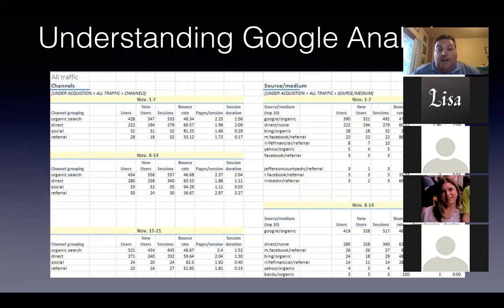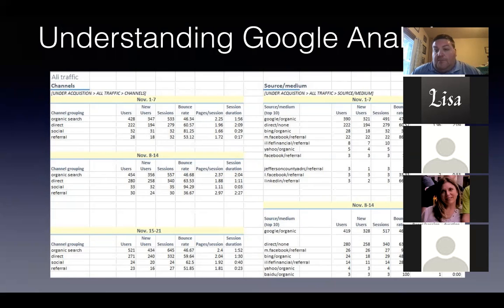And each week I track how people find the website and put down all the data. And why I do this is I look for trends. So I noticed that organic search, direct, social, and referral are the ways people find Milwaukee Center for Independence's website. So that way I know the referral source.